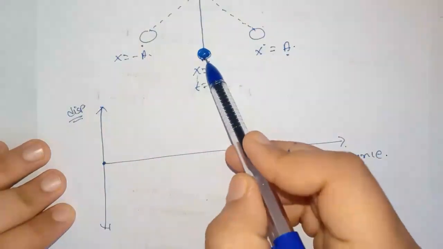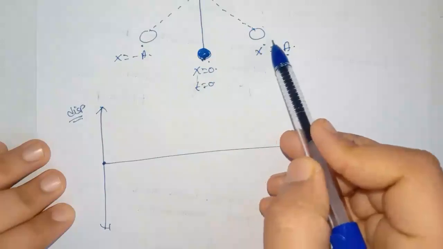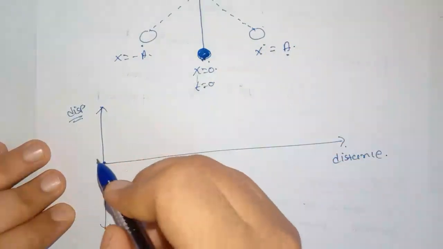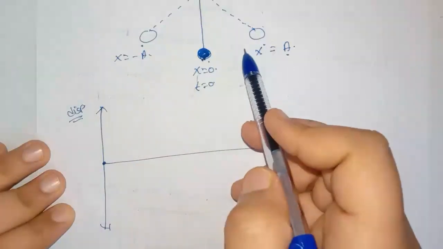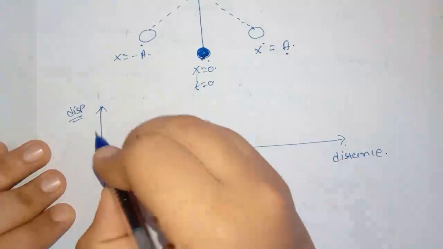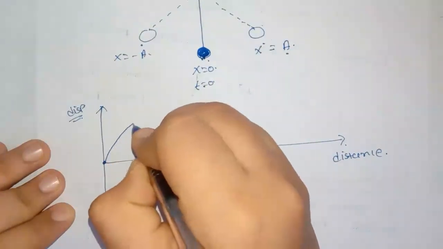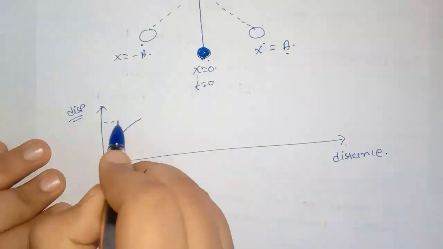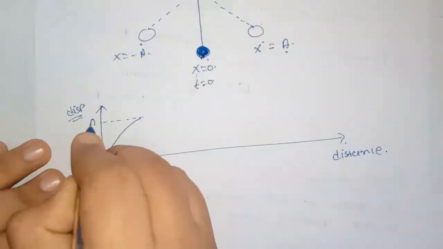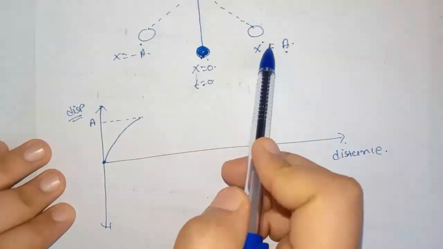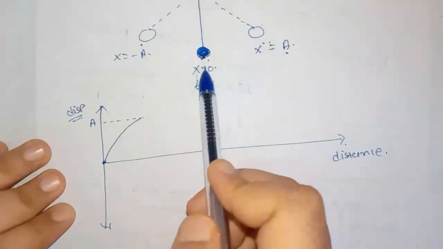Now it is moving gradually towards the extreme point A. So its distance and displacement both are increasing, but it is not increasing linearly because the acceleration is not constant. This is the maximum displacement. Let's say this is A. After reaching point A, it will again come to the mean position, x is equal to 0.